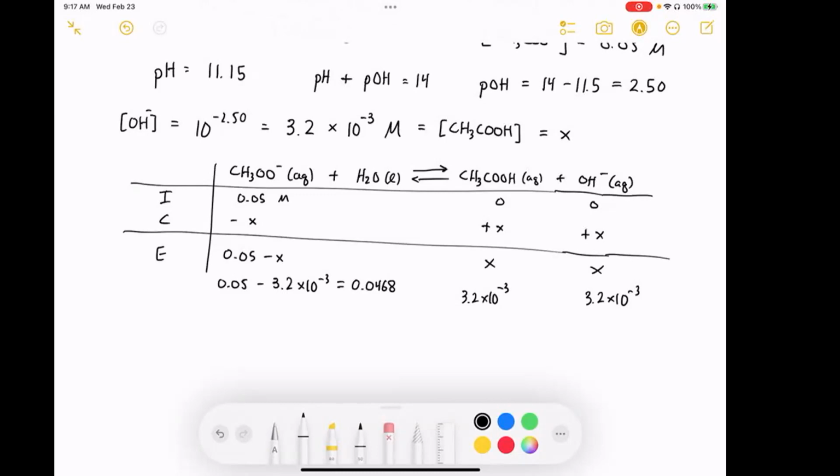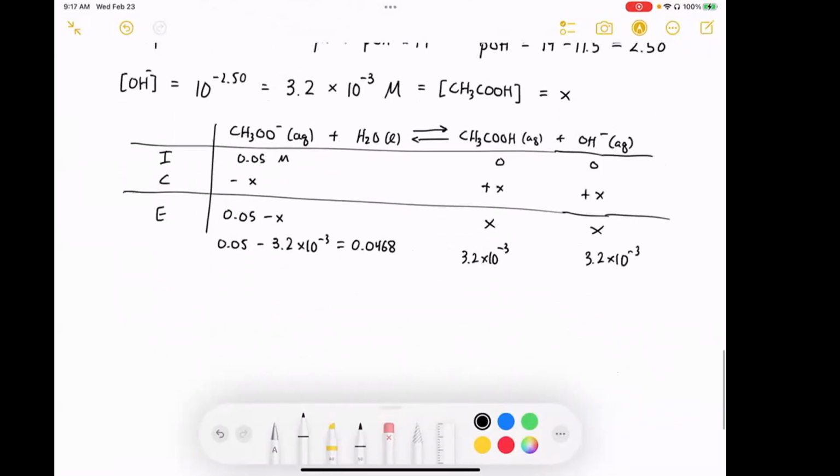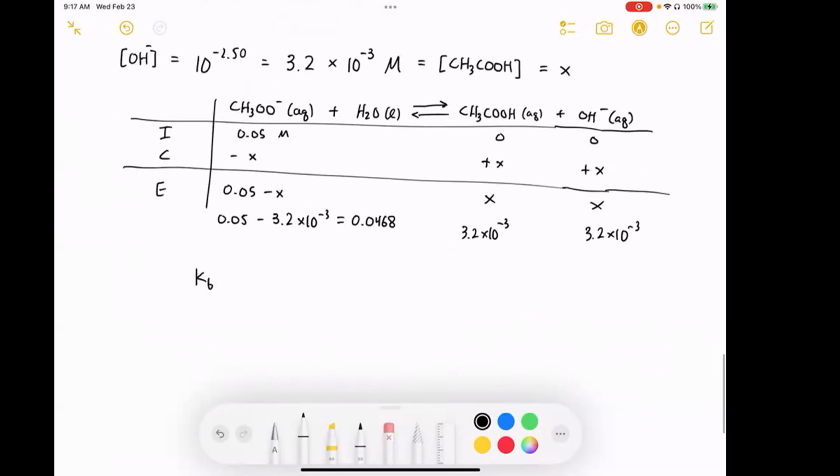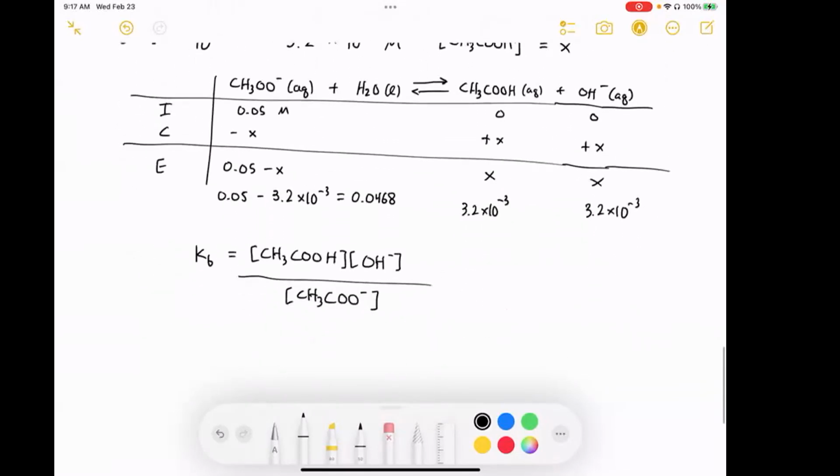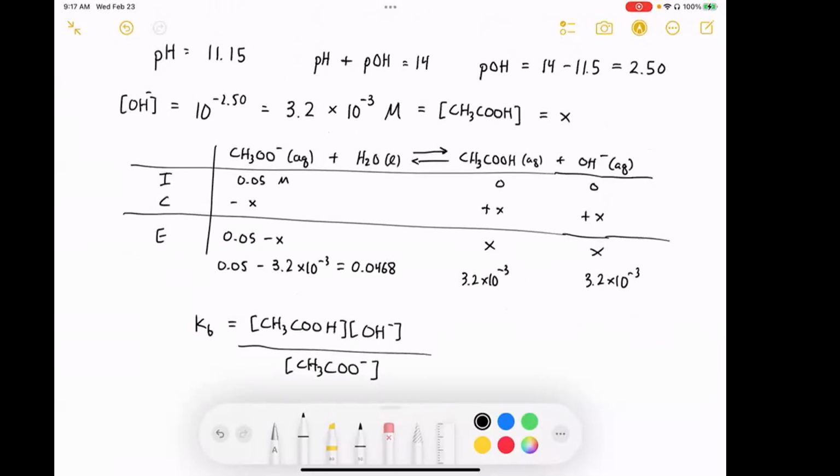Okay, so now we can plug this into our Kb expression up there. So Kb equals, let's rewrite it, the concentration of CH3COOH times the hydroxide concentration, over the concentration of my conjugate base. So when you find the concentration of acetate, you want to figure out the amount of moles.